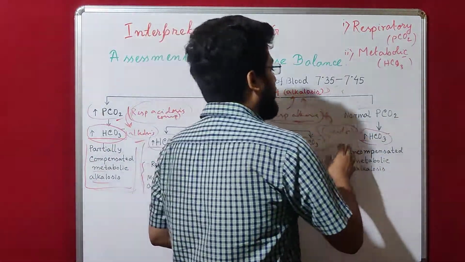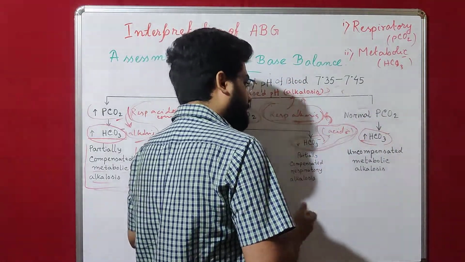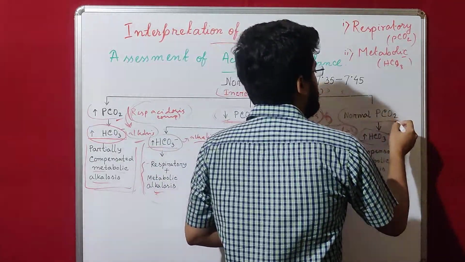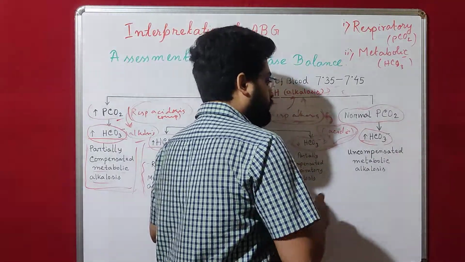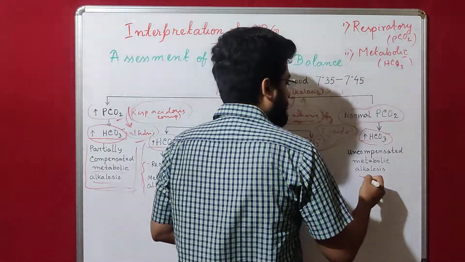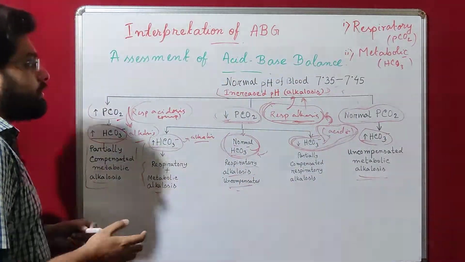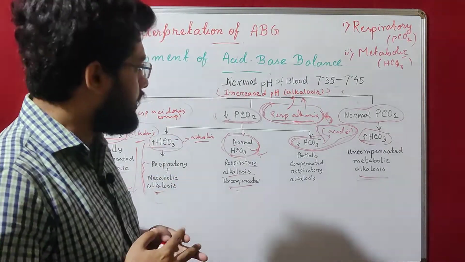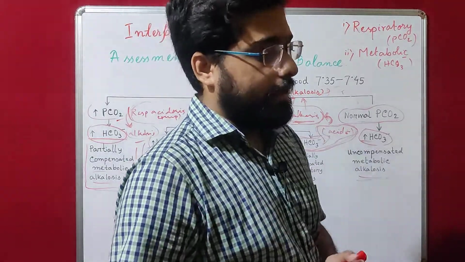So if the bicarbonate level is increased, then obviously there is metabolic alkalosis, and there is no compensatory mechanism through the level of PCO2. So it is uncompensated metabolic alkalosis. These are all the chances against acidosis and alkalosis.